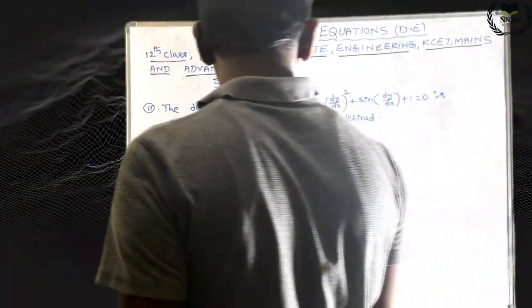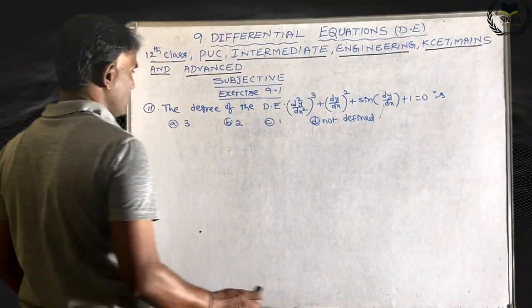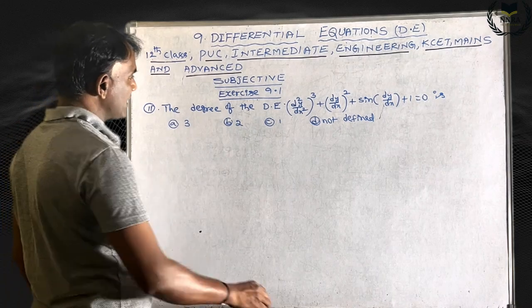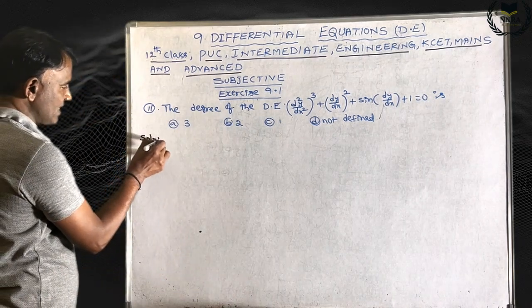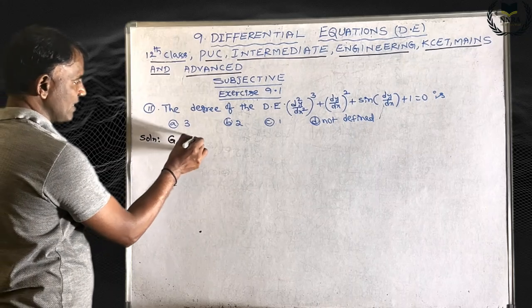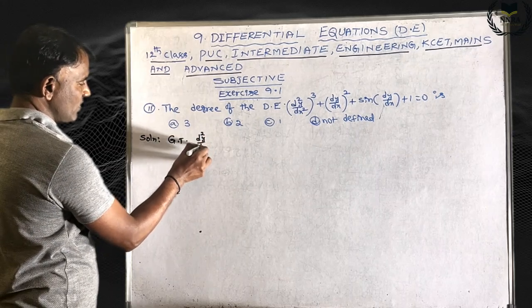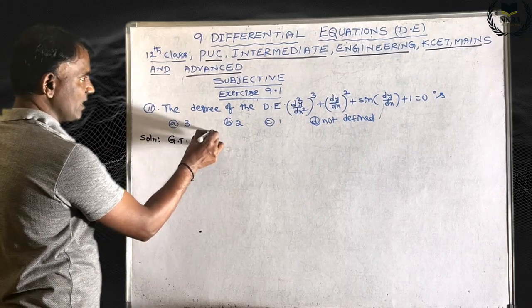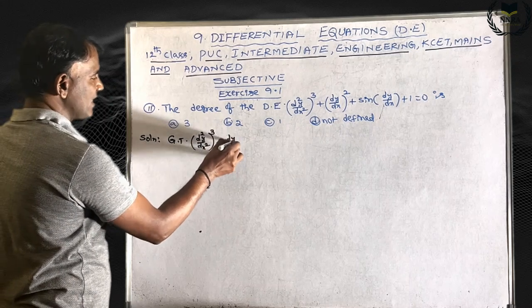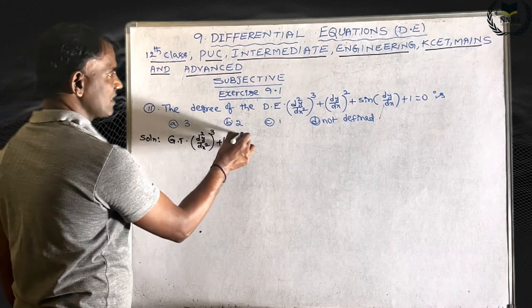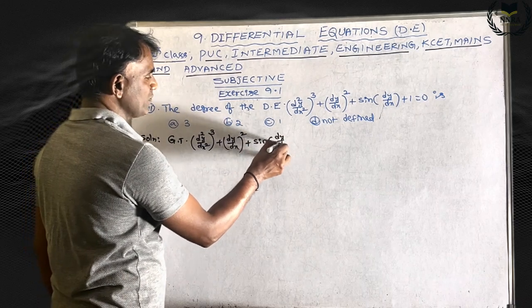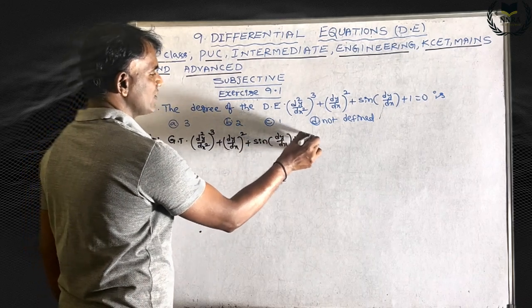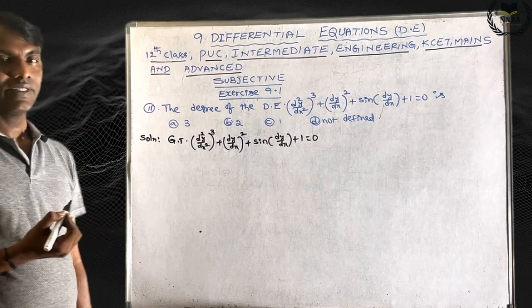See this question, question number 11. They asked only degree, right? So what is the given differential equation here? Given that (d square y by dx square) whole cube, (dy by dx) whole square, right? Then sin of dy by dx plus 1 equal to 0. Actually it is not a polynomial.